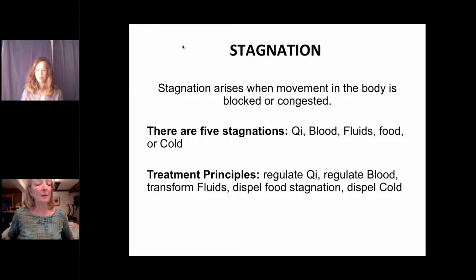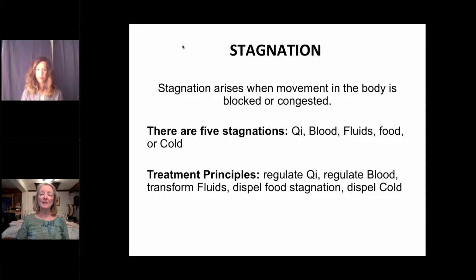Most everybody has experienced food stagnation. That's the acute form. You can have it in a chronic form also, where it creates a blockage, which typically leads to dampness or phlegm, and it doesn't allow for full and proper metabolism and assimilation of food and fluids to build blood and Qi.